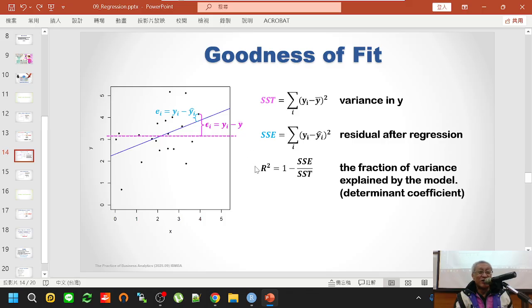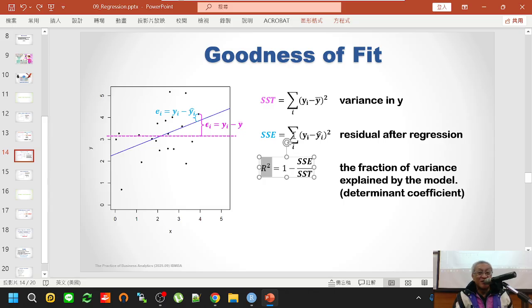So R squared means the fraction of y's variance that is explained by the model. So if R squared is very high, it means that the model is very good, right?